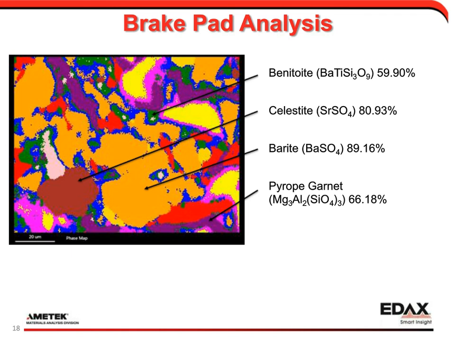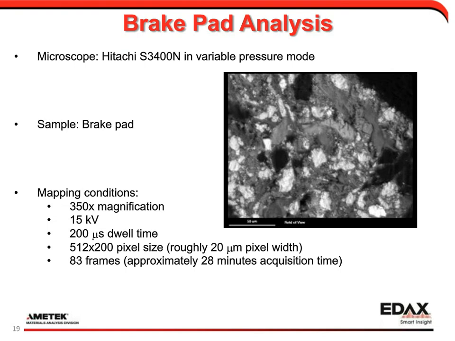There is a question about beam skirting in variable pressure modes, how it affects the X-rays and the spectrum. I said for my analysis that I used variable pressure mode in our SEM, and variable pressure mode basically means that we are running the sample in a dirty vacuum.